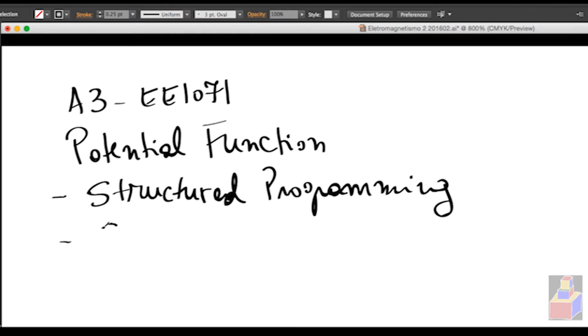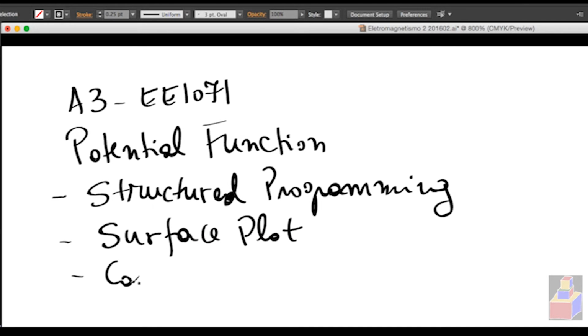And also to use the tools that we have in MathCAD, surface plot, contour plot. And we are going to use this type of problem that is typical in electromagnetic theory to do these things.